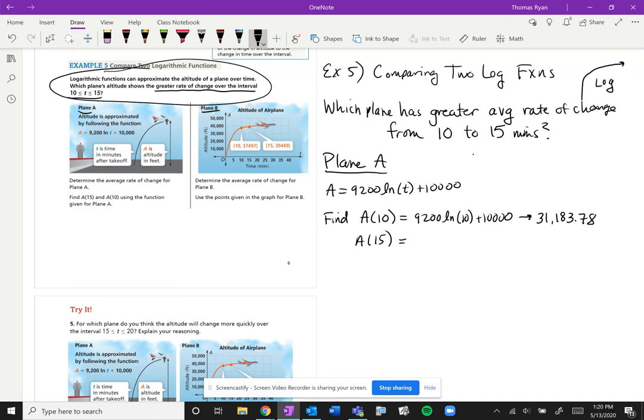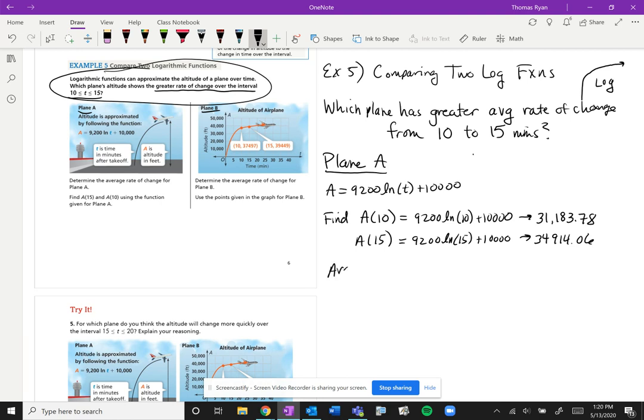And if we plug in and evaluate at 15, we're going to get 9,200 times the natural log of 15 plus 10,000, same thing, 9,200 ln 15, close your parenthesis, plus 10,000, 34,914.06. Okay, so now we have our two altitudes.